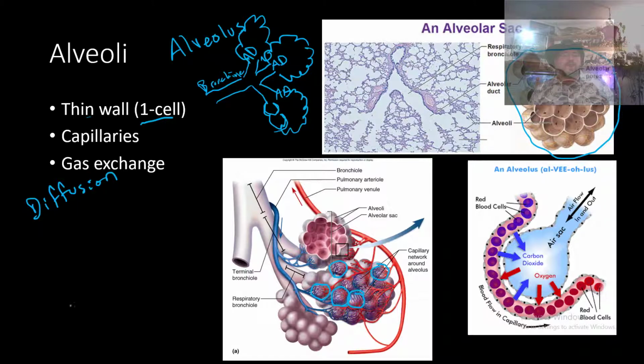So if you'll recall, deoxygenated blood from the body comes into the right atrium of the heart, right? And from the right atrium, it goes into the right ventricle of the heart.